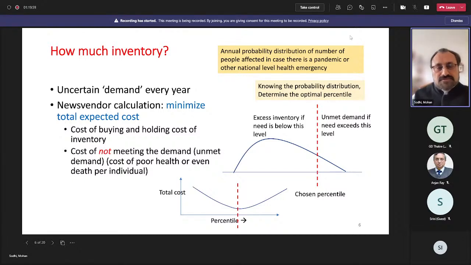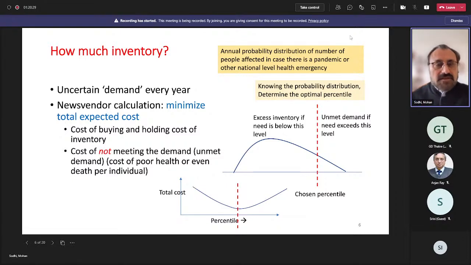The question then, of course, is how much inventory should you have? And this is where a particular mathematical model, which is very simple actually, called the newsvendor calculation, is used to find out the minimum expected total cost to have an inventory which serves up to a certain percentage.